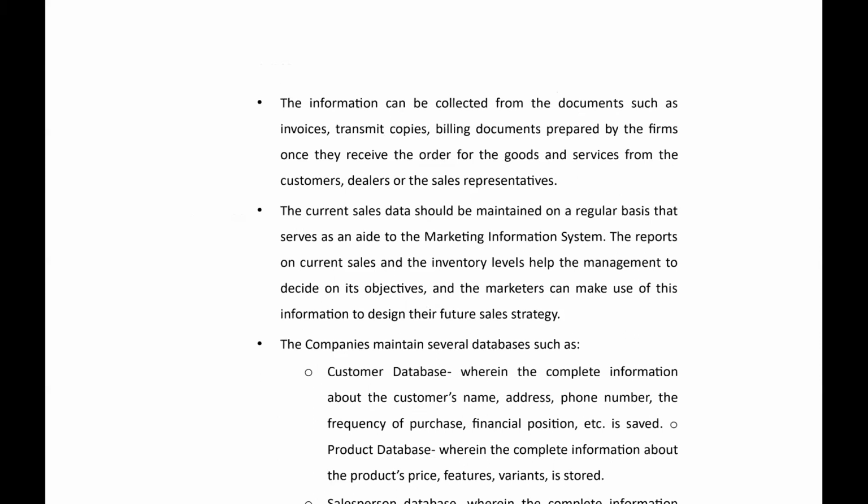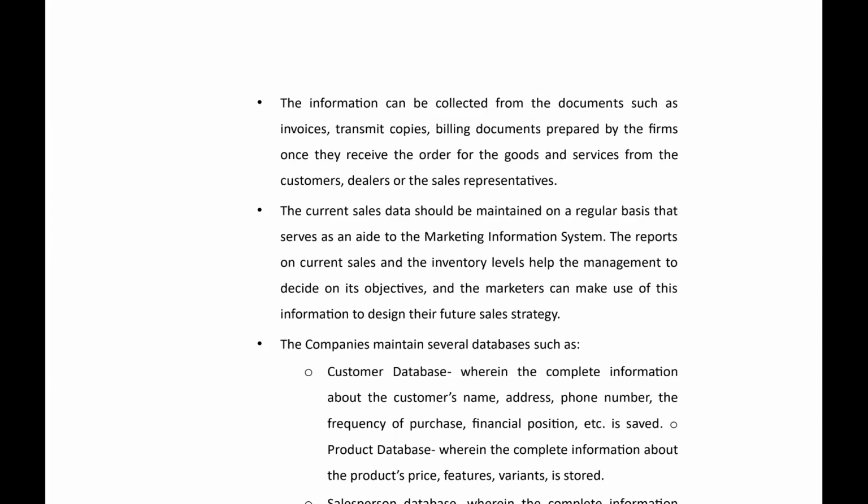So the information can be collected through documents such as invoices. You can get that information from the transmit copies of the billing document prepared by the firms once they receive the order for goods and services from the customer, dealers, or the sales representatives.